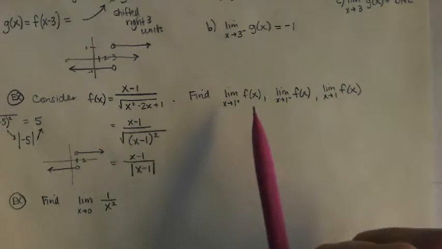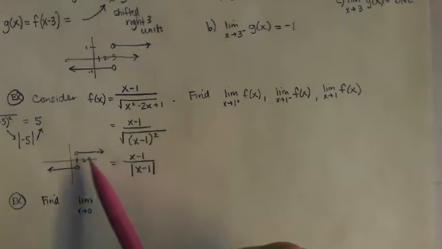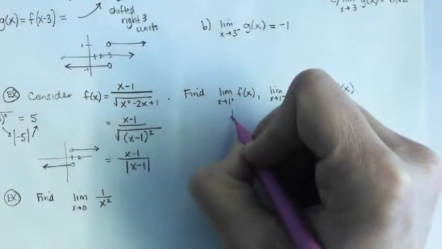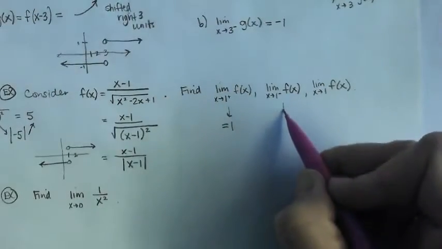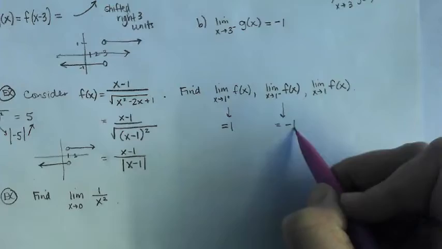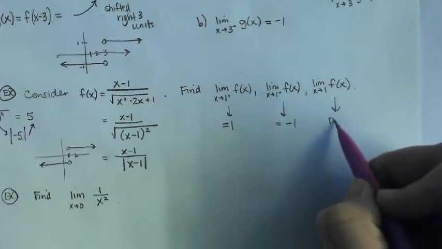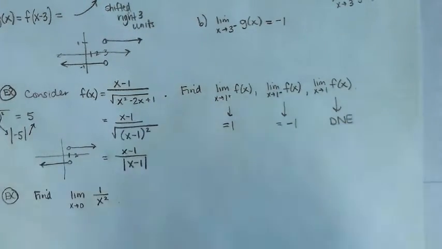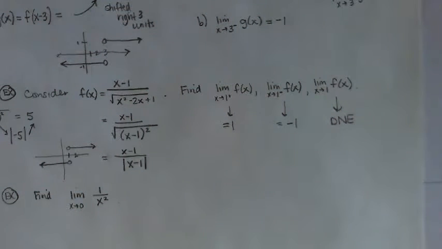The limit as x approaches 1 from the right is still 1. From the left is -1, and therefore the overall limit does not exist. Okay, so that's your intro to jump functions, and those will come up on your homework, and that's a new type of graph and concept for you.